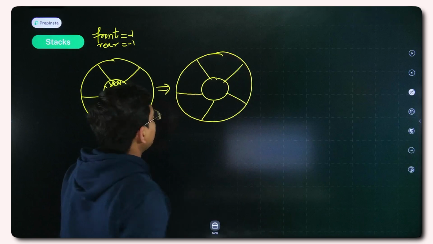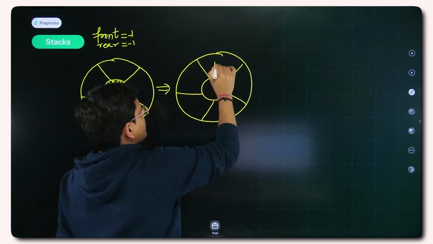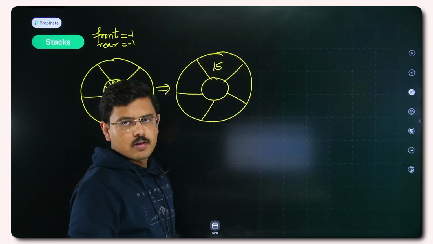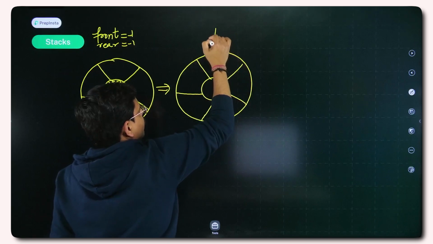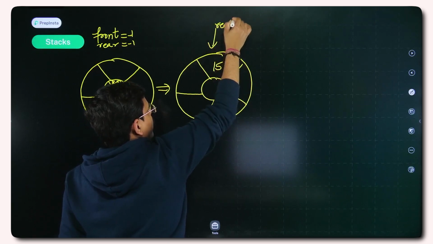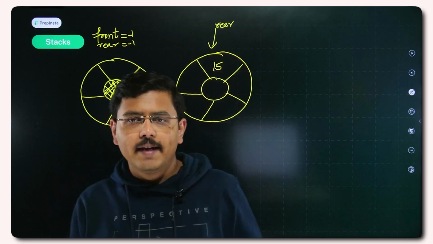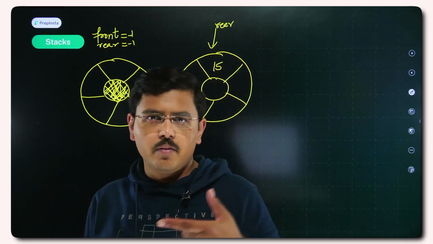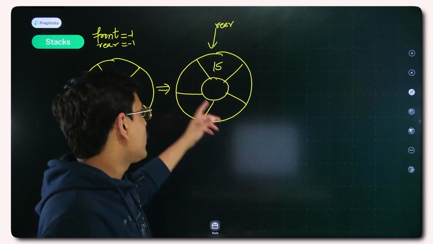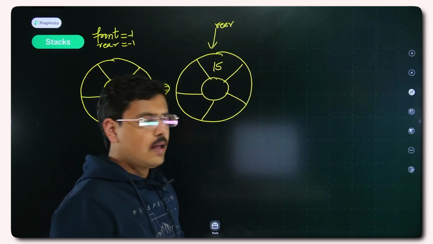I guess it's 5. Yes, it's 5. So in this case, I add 15 into this queue. So rear is pointing here, because whenever you enter anything in the queue, you enter it from the rear. So rear now starts pointing here.